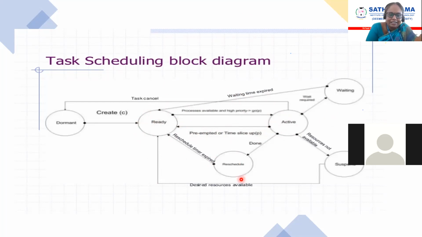Then when reschedule time is expired, waiting time is expired, or desired resources are available, once again I have to move my task from ready to active stage. So created, available, put it on active mode, whether it may be waiting, suspended, rescheduled, or time sliced, I will explain how it is available.